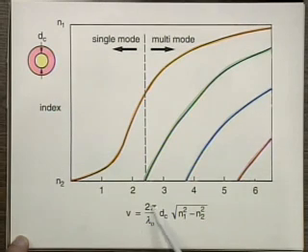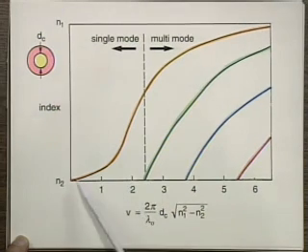Now, it turns out when this V number has a certain value, let's say 2.4 or so, if it's that value or less, then you only get single mode propagation. All the other modes have too much loss, and they don't propagate.